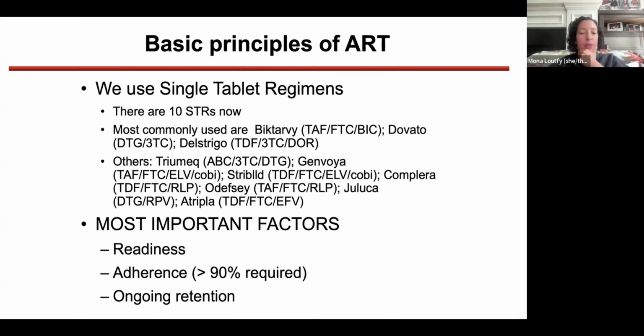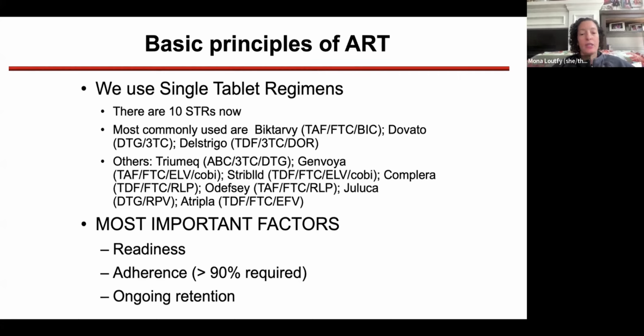The most important thing for treatment is someone's readiness. I have rarely had a problem. We do something called rapid starts now, whereby, for example, I got a text and we have a new case, and I'll see that person on Monday or Tuesday, and we'll do the blood work, and I might even start Biktarvy or Dovato even before getting the blood work back.